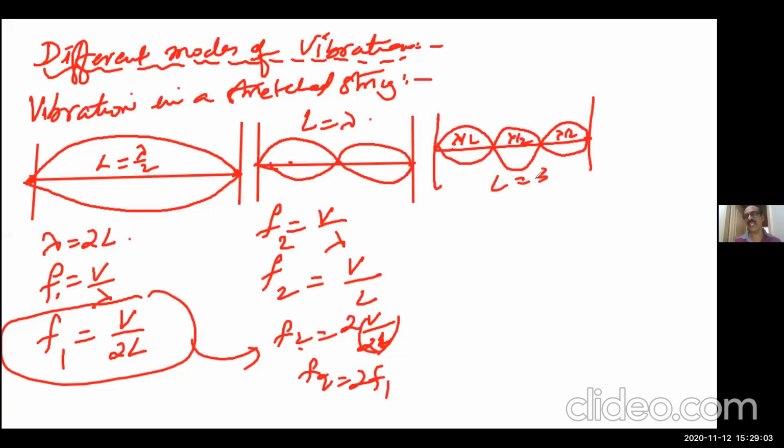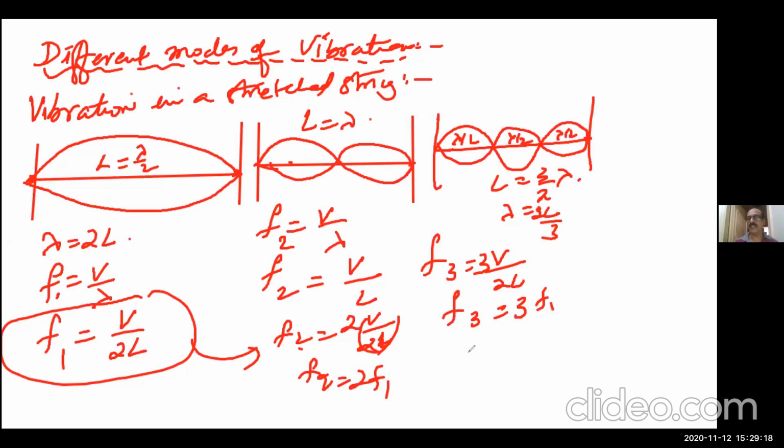So L is equal to 3/2 lambda and lambda is equal to 2L by 3. Then F3 is equal to V by 2L by 3. Then F3 is equal to 3F1. Clear? Like that, if you're taking n, finally Fn can be nF1.